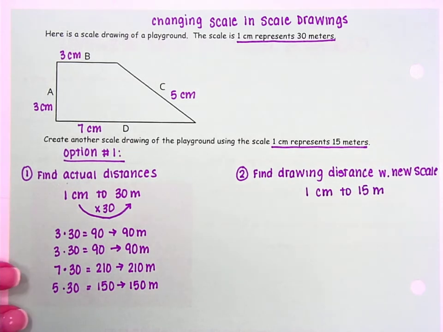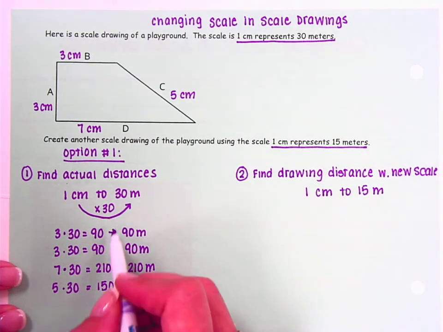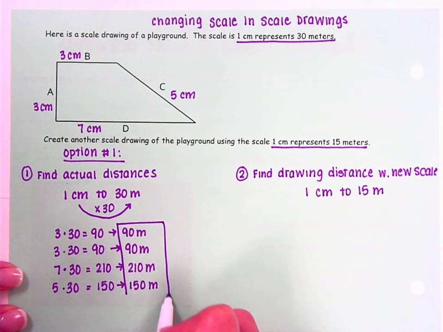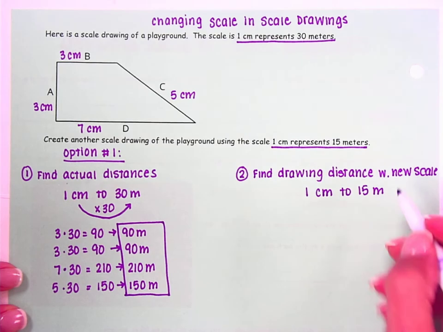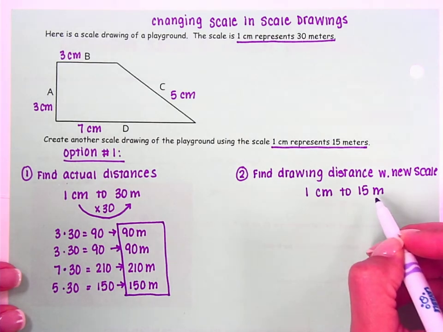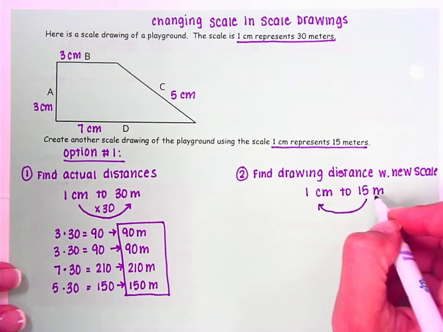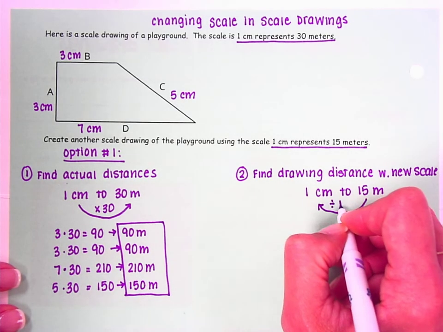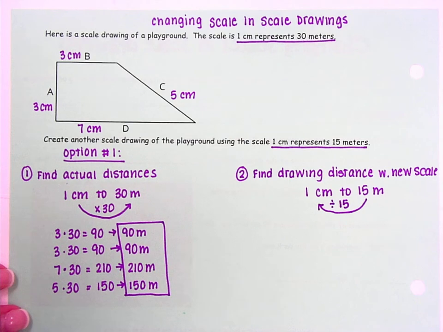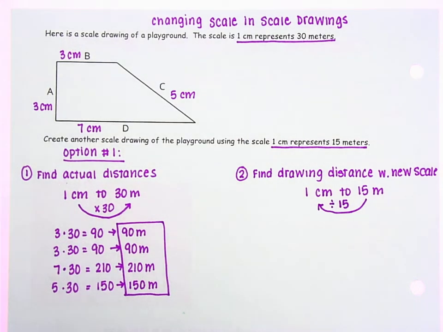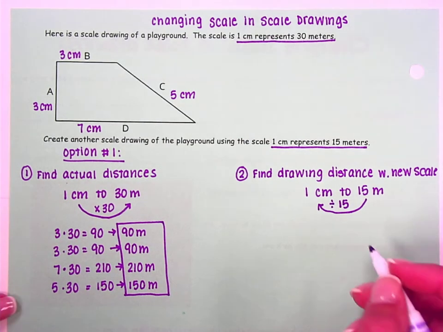In this case, now we know the actual distance, and those actual distances are measured in meters. So because we want to take our meters and figure out what those meters are represented with in centimeters, we're going this way. And to get from 15 to 1, we want to divide by 15. So now I can take my distances and divide.